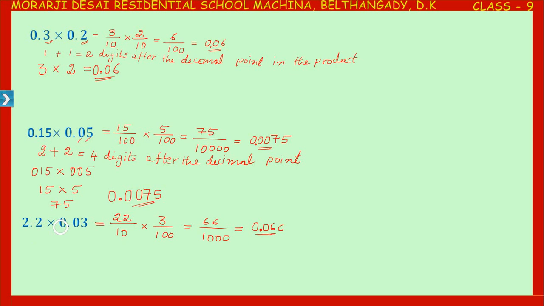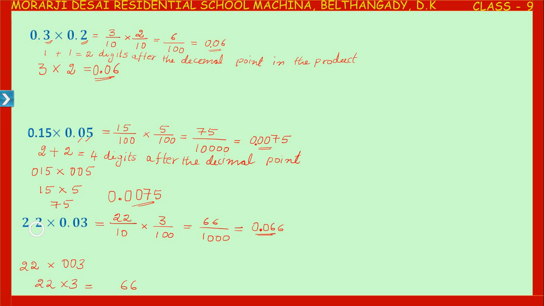Now look at the third example. 2.2 into 0.03. 2.2, if we remove the decimal point, is 22. If we remove the decimal point of 0.03, that becomes 003. That is 22 into 3 is equal to 66. Now we have to put the decimal point.